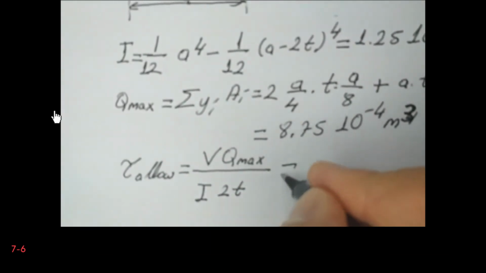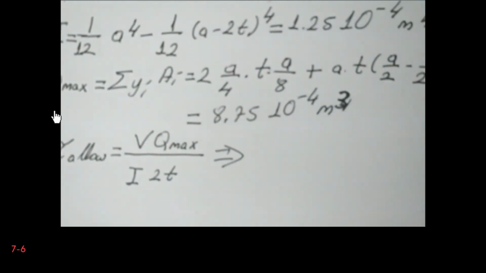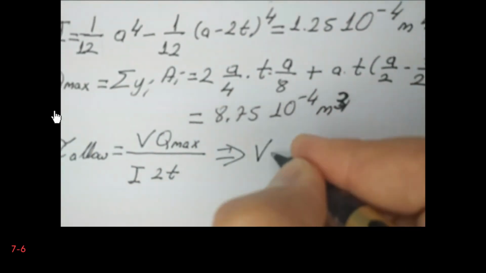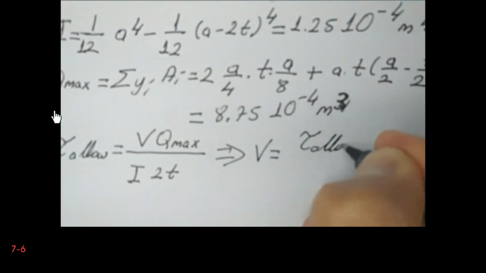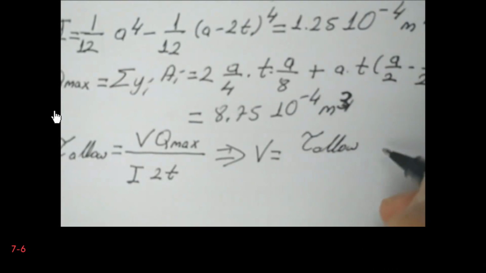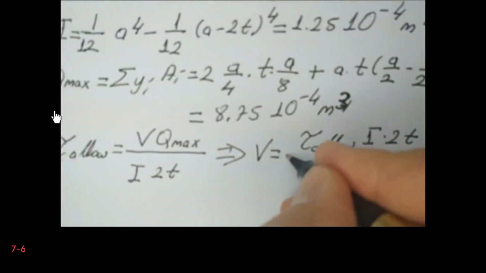From here we can calculate the V. V is equal to tau allowable multiplied by I multiplied by 2t divided by Qmax.